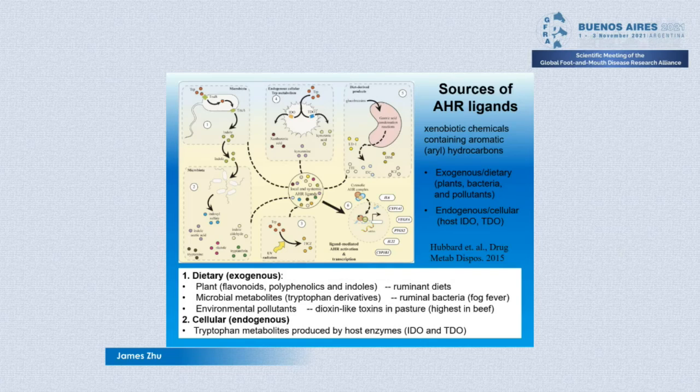Dietary AHR ligands are derived from some plants, bacterial tryptophan metabolites, and dioxin-like pollutants, which are closely related to ruminants, as exemplified by their plant diets, pathogenesis called fog fever caused by excessive production of AHR ligand in the rumen, and the highest level of dioxin-like toxin found in beef among meats and poultry.